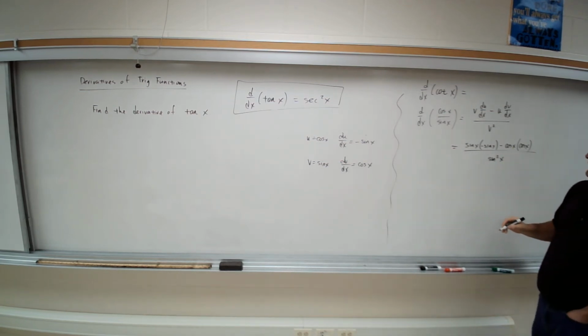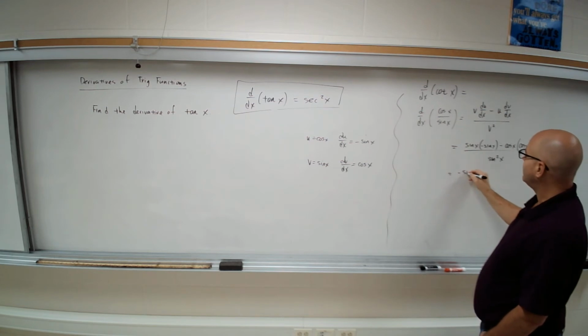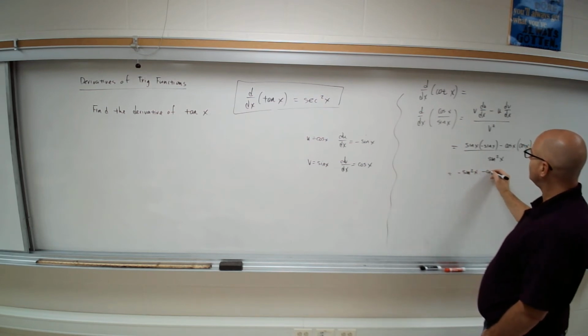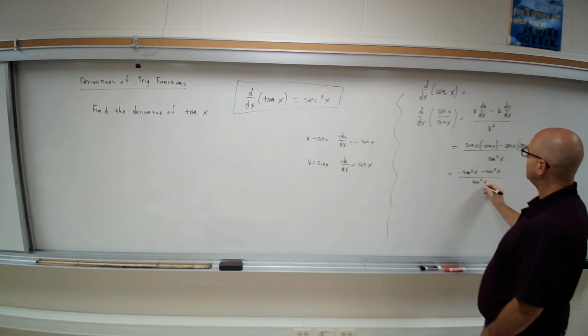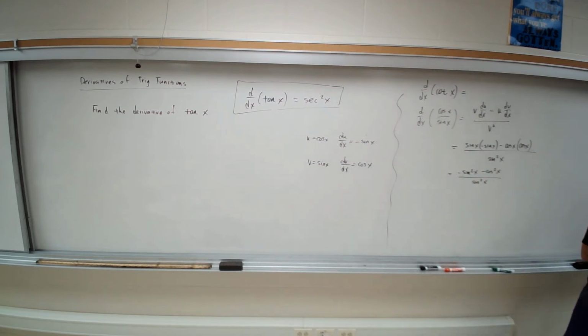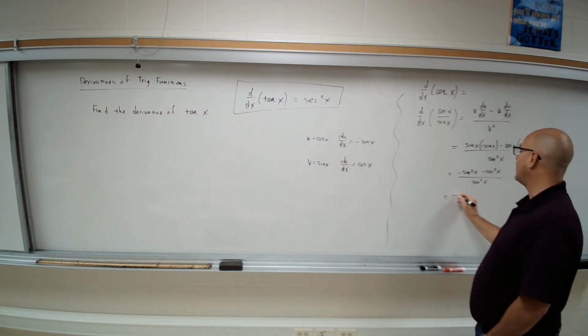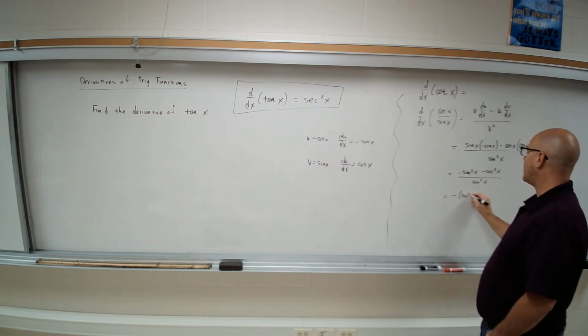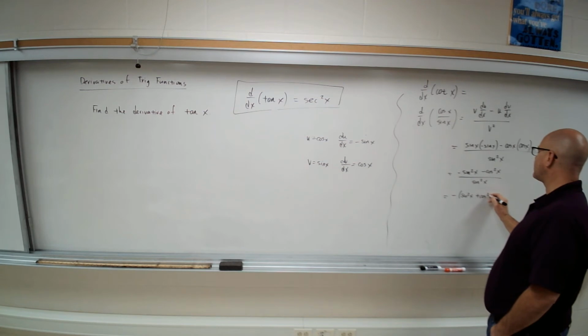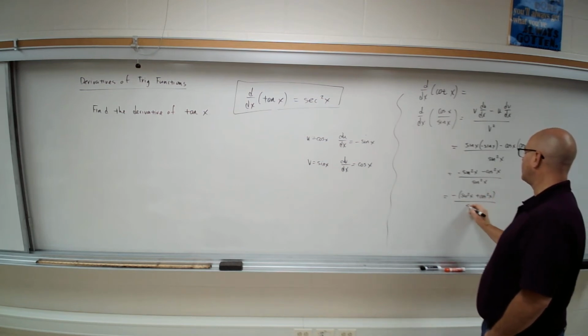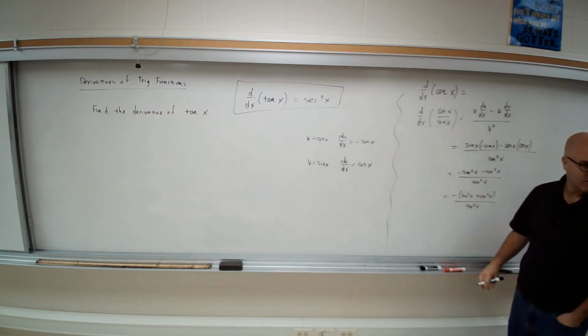So at this point in the numerator, we get negative sine squared x minus cosine squared x over sine squared x, which once you factor a negative 1 out of the top, hopefully you'll recognize that's our Pythagorean identity. So you'll get negative sine squared x plus cosine squared x over the sine squared x.